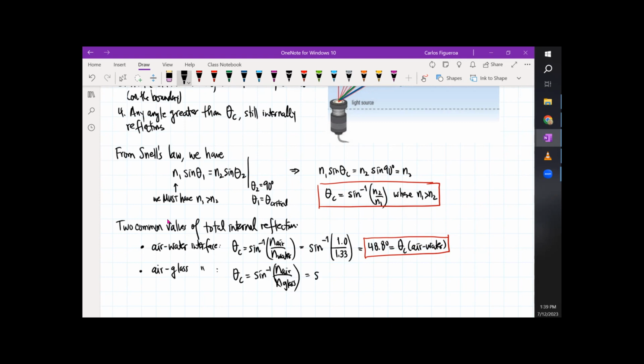If I plug in my values again, this is 1 versus 1.52. And if I compute that number, it becomes 41.1 degrees. And this would be theta critical for air and glass.